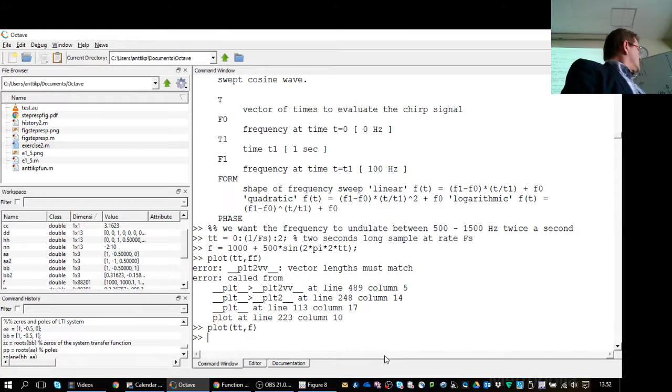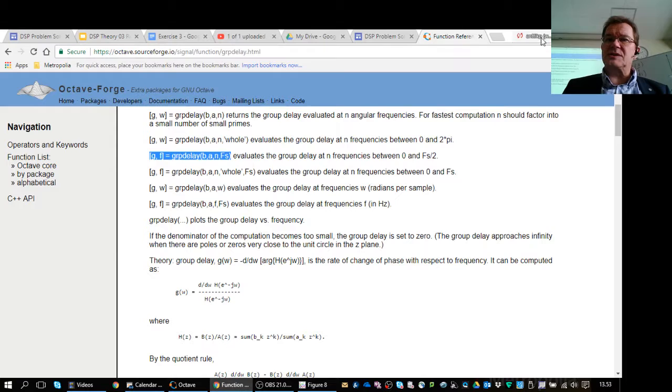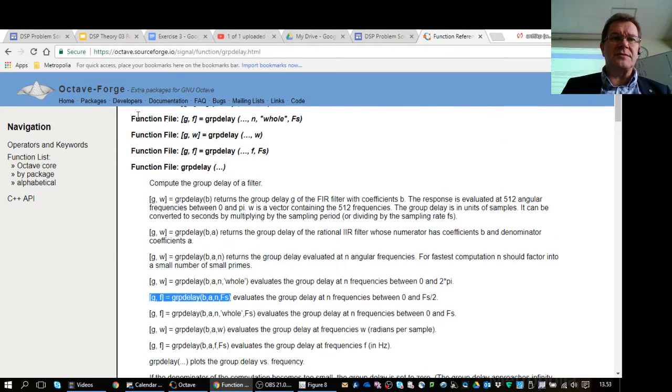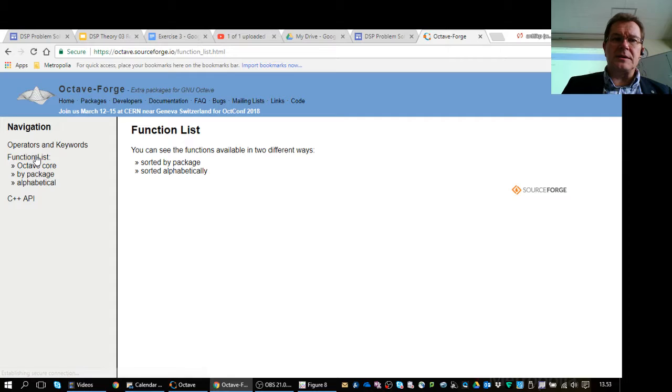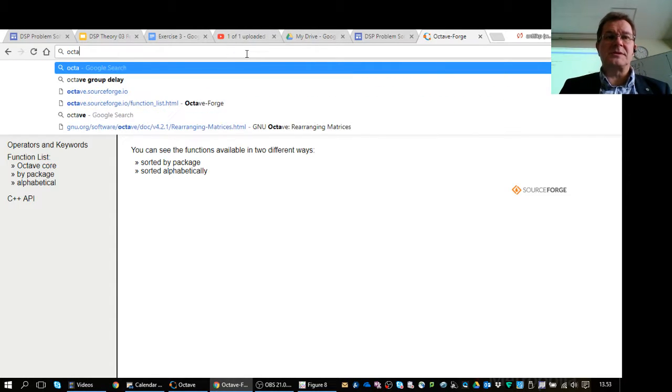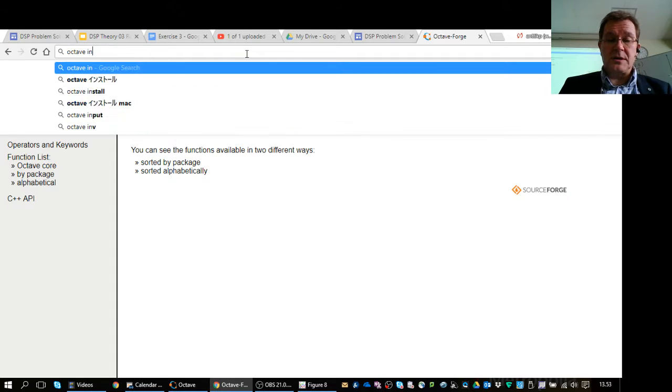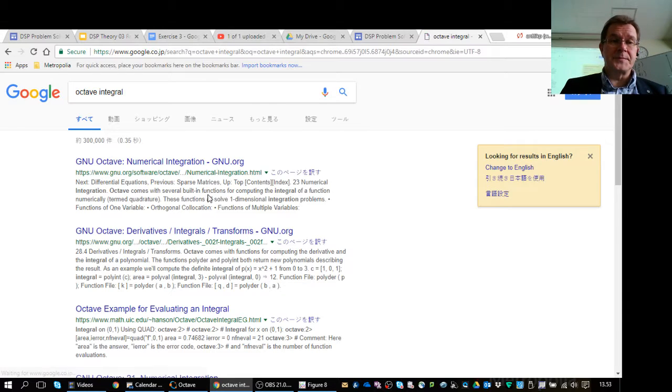And next we will integrate. Just to make sure, I will try to find an integral. Numerical integration, good.